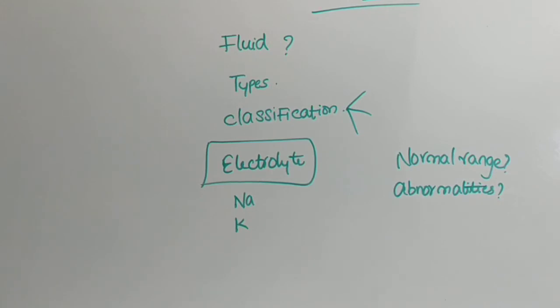Normal fluid loss: 500 ml of fluid is lost through skin, that is through sweat and all. 400 ml loss is seen through lungs. 100 ml of fluid loss is seen through stool and urine output. Totally 1000 ml will be lost from a normal human body.